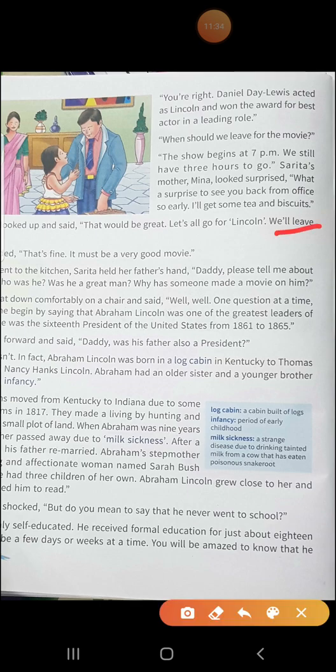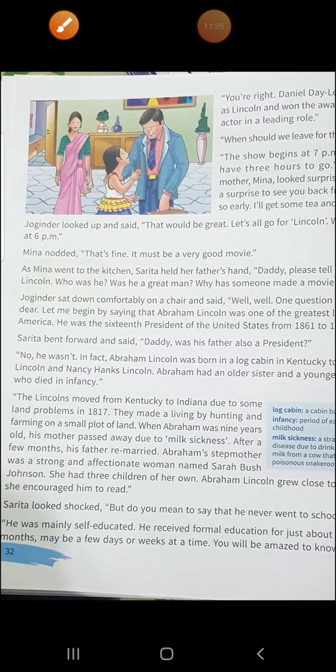We will leave at 6 p.m. So Joginder said, that would be great. We will all go together at 6 p.m. because the movie will start at 7 p.m. So by that time we will reach the cinema hall.